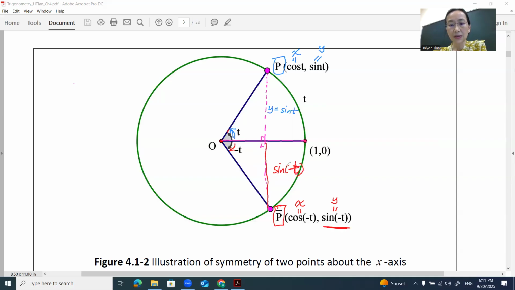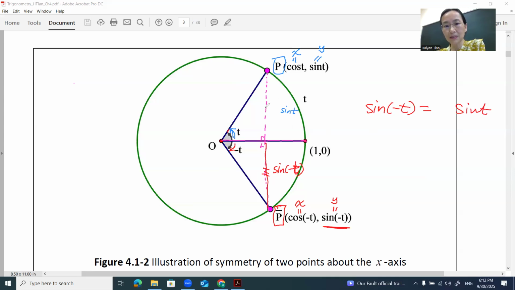Sine negative t is a negative quantity. Here, this y is negative. The other y is positive. So let's just use sine t and sine negative t to show that. You see sine negative t, this is a quantity that's negative. Sine t is positive. So that means the sine function is odd because sine negative t and sine t are not equal.